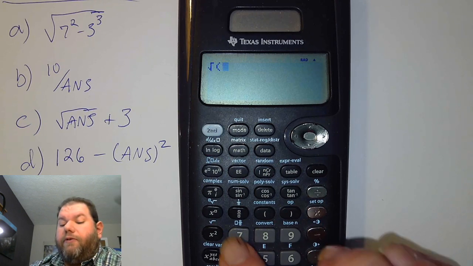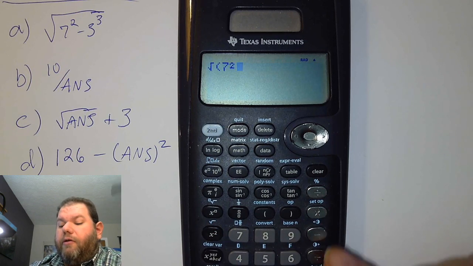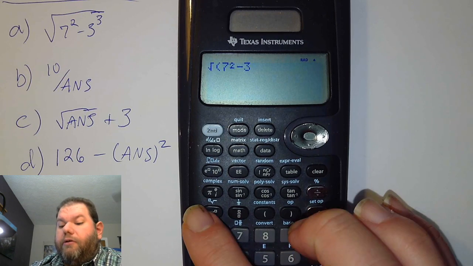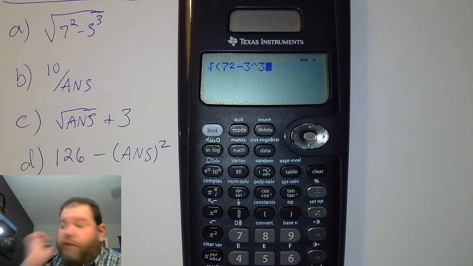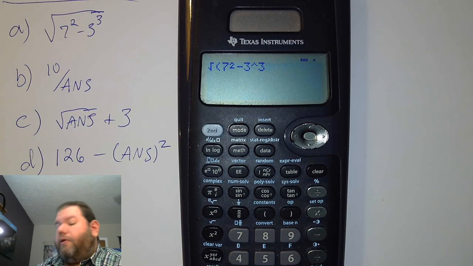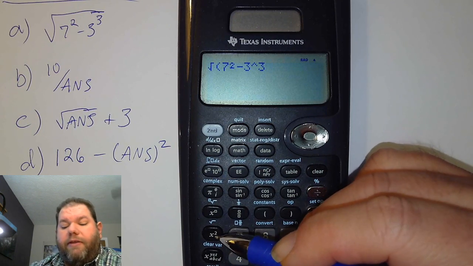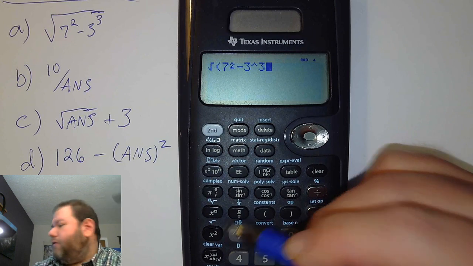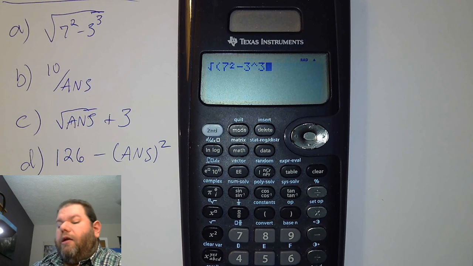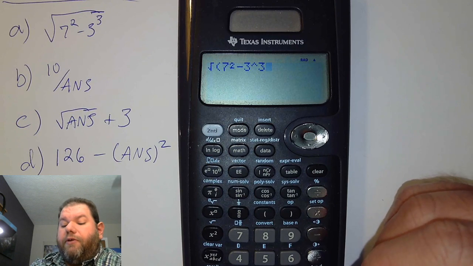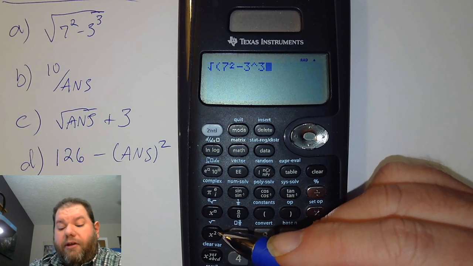Then we want to enter 7 squared minus 3 to the third. So when I want 7 squared, I just put the 7 and I hit the x squared button. And then minus, and then I put 3. Now if I want cube, unlike x squared, there's not really an x cube button.